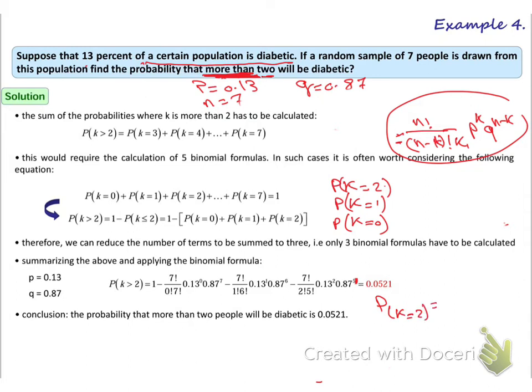So the probability of k equals 2 equals, what is the n? n is 7 factorial, divided by n minus k.